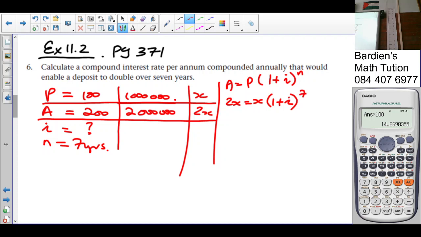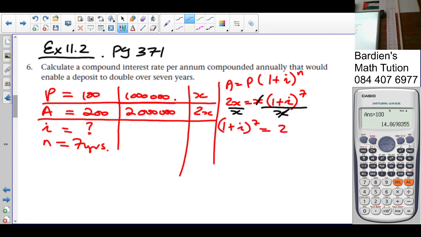You all okay with that? So what do I do first? Divide it by x both sides. So that cancels. So 1 plus I to the 7 equals 2.